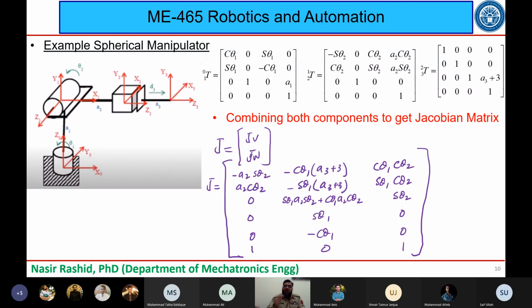We will do that tomorrow, but we will definitely discuss a step of it, and those two examples we will solve. This will help us in solving or building the Jacobian. Now that I have this Jacobian for a spherical manipulator, if I am given q dot, which are the joint variables, I will multiply it with J and find out the linear and angular velocities of each joint in 3 dimensions.